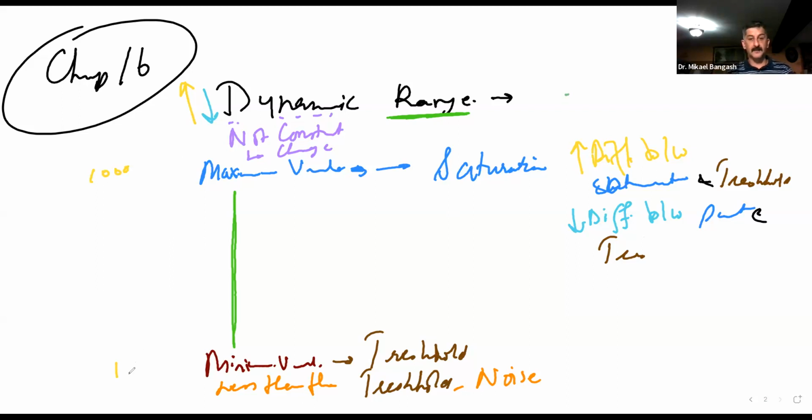Compared to a lesser difference, where the maximum value was still 1,000 but your minimum value would have been, let's say, 100. So in this case there is a lesser dynamic range, because of a lesser difference between the maximum and minimum, compared to when it was 1,000 and 1.